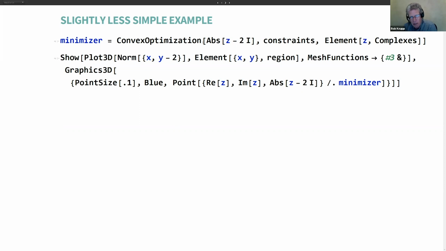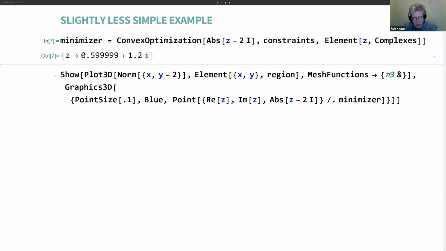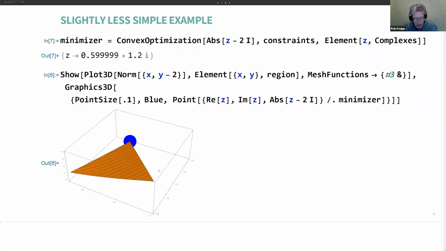Now here's a slightly less simple example. This looks like it has the same difficulty. It's over the same set as before, but now I'm using abs of z squared minus z minus 2i. So we can do that, and it computes the result immediately.